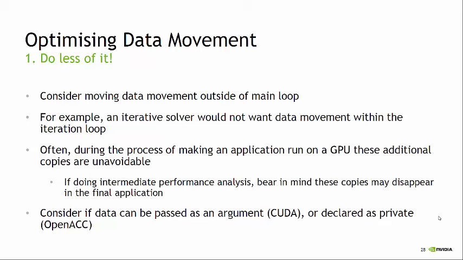It's because of this latency: you pay the latency for doing the memory copy, and that's unideal. This is why we used value in CUDA Fortran to prevent this extra copy. It sounds a bit flippant, do less data movement, but it is something you do have to think about a little bit.